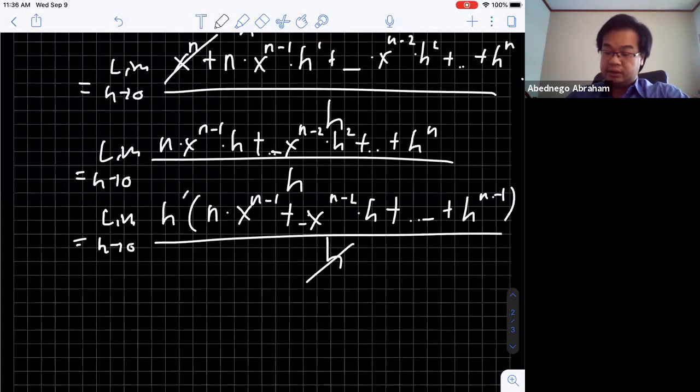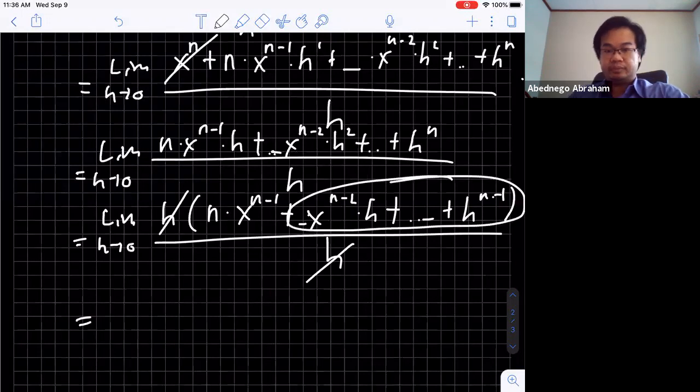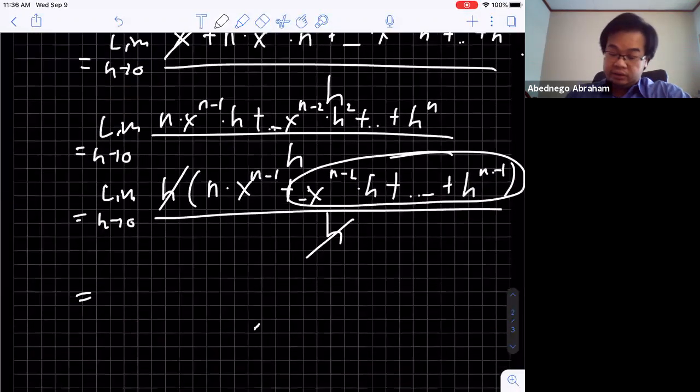And then we cancel. And then if h is equal to 0, then basically all of this will be equal to 0, right? Because all of the terms have the multiplication of h in it. So the result is simply n times x to the power of n minus 1.